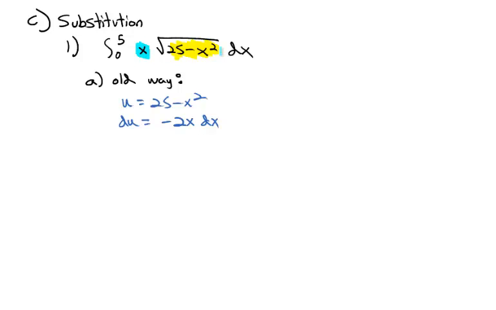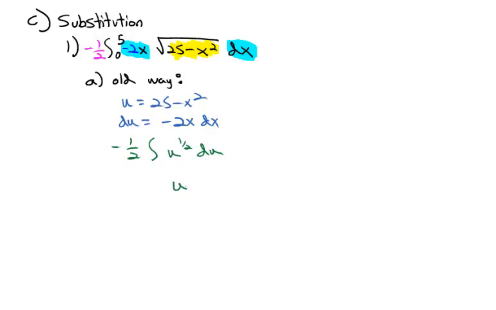We've got an x dx, so we're going to multiply by a negative 2 and the reciprocal negative 1/2 to give us everything we need. And then this becomes negative 1/2 times the integral of u to the 1/2 du. Notice I dropped the numbers, the 0 and the 5. That's important with substitution, the old way.